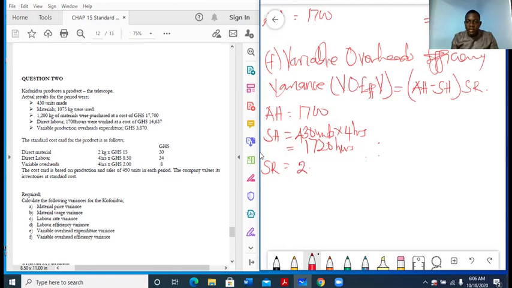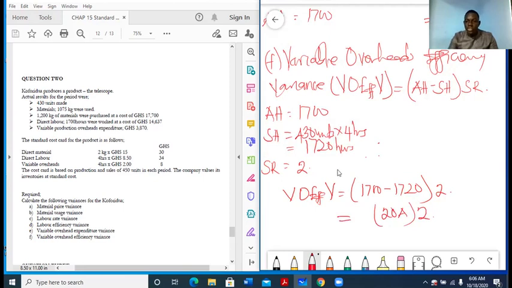So to find our variable overheads efficiency variance, it is equal to the actual of 1,700 minus 1,720 at the standard rate of 2. So that gives us a variance of 20 measured at 2 CD.